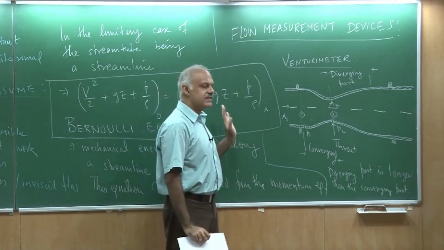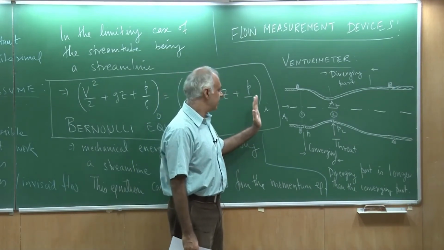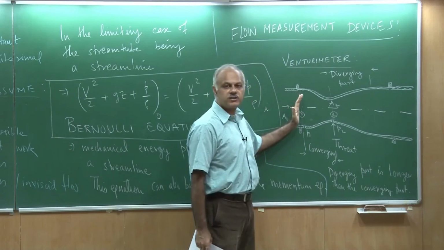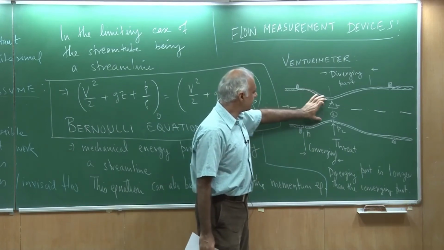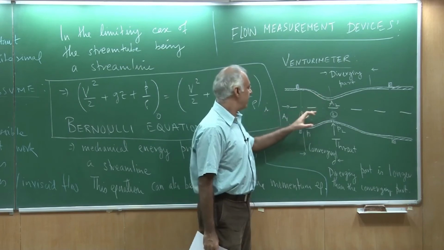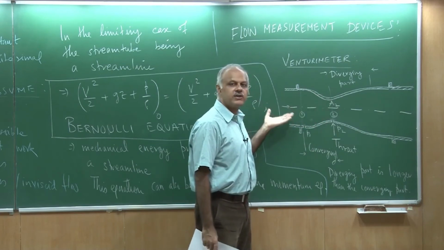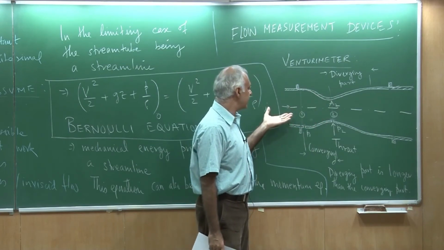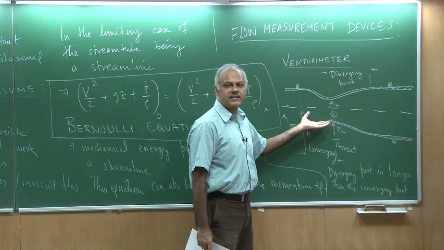So first let us consider the Bernoulli equation. There's flow that comes into this pipe, and then of course it contracts. When it contracts, because the flow is incompressible and it is steady, the flow will accelerate.